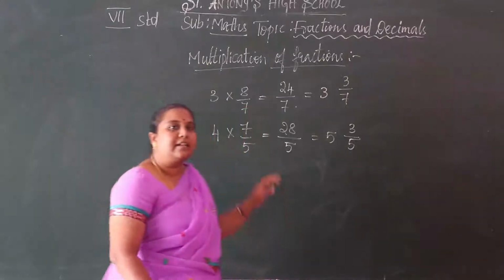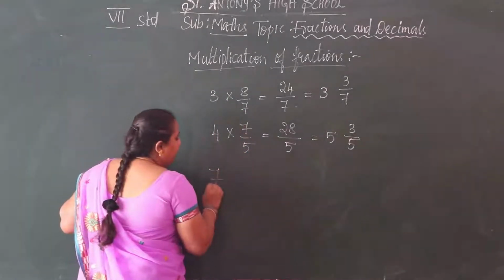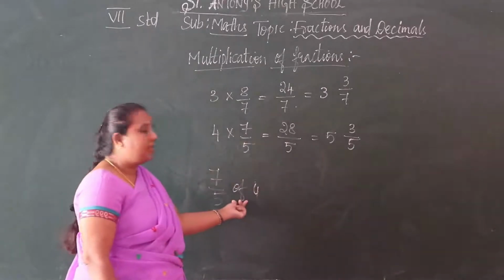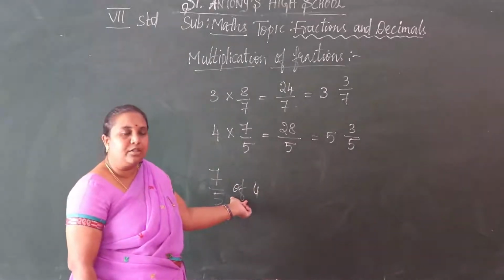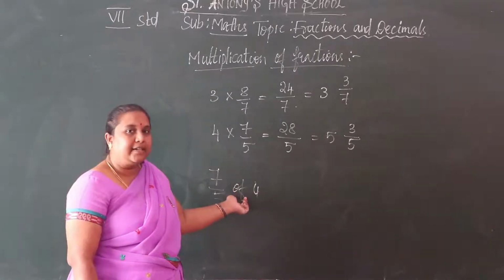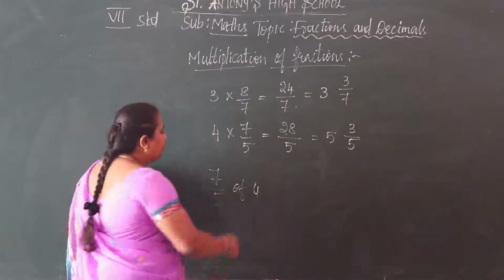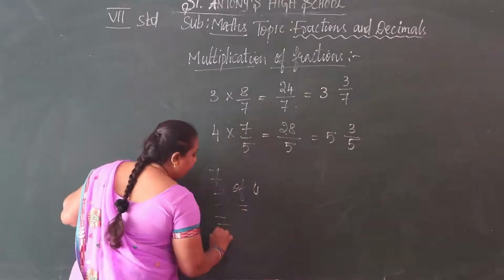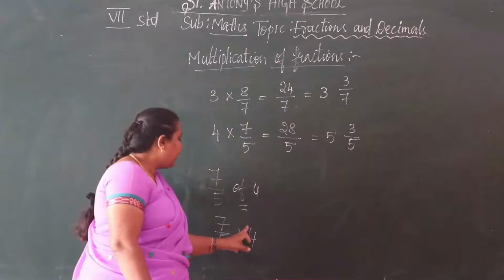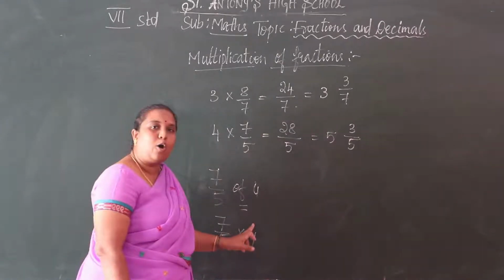We can write it as 7 by 5 of 4. So this 'of' is an operation in fractions. We are using the operator as 'of'. So this 'of' means 7 by 5 into 4. Here we are writing that multiplication is an operation.